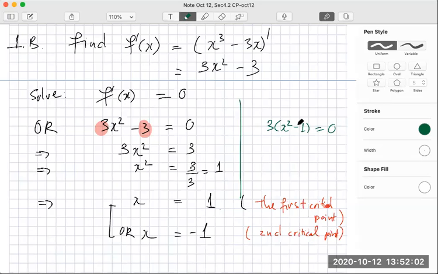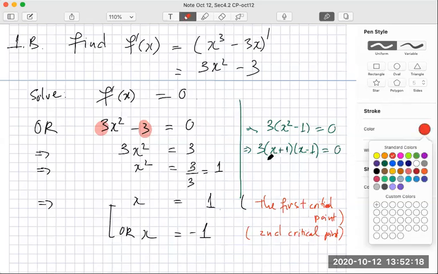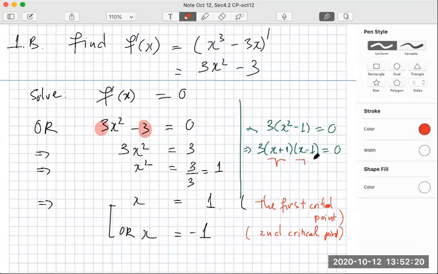Okay. And can we factor it, write it differently? Yes. It means that this factor should be 0 or this factor should be 0, and we find the same things, right? So anyway, it's okay. Now, we found 2 critical points.